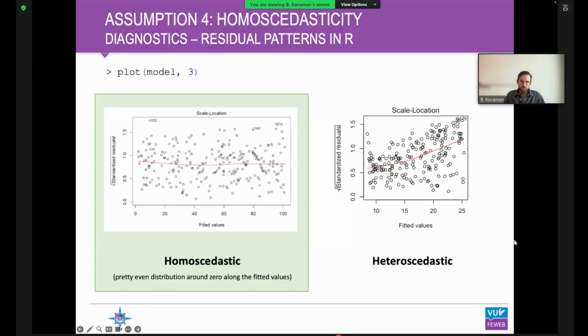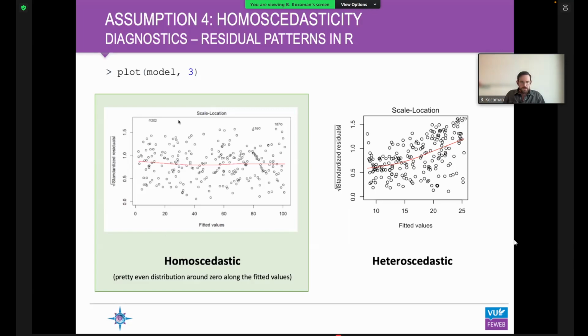So here it's less likely that you will see the cone shape, but you can actually rely on this line. Basically, you again want to see this even distribution along the fitted values. Sorry, this is not around zero, but you see a random cloud-like distribution in this plot. But then in the heteroscedastic case, there will always be a trend, like increase or decrease, or quadratic, etc.